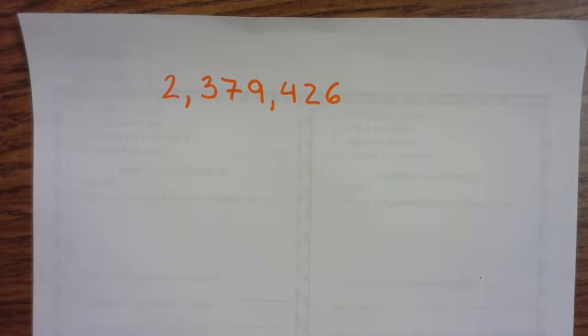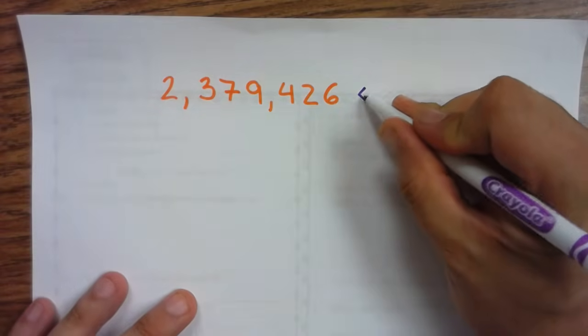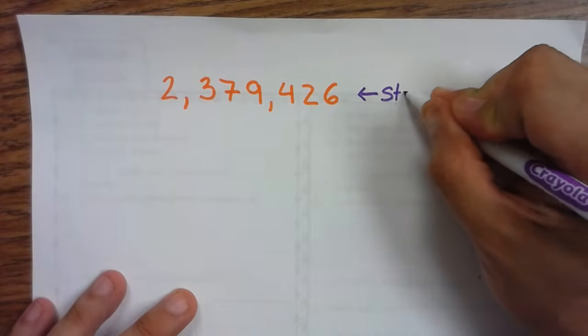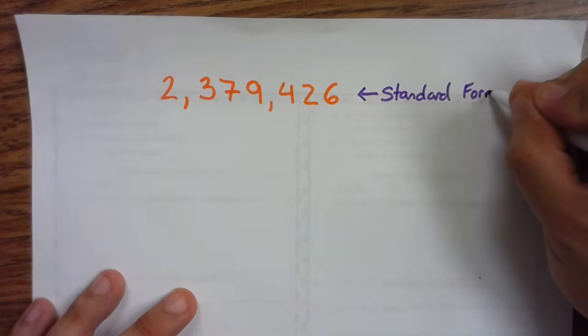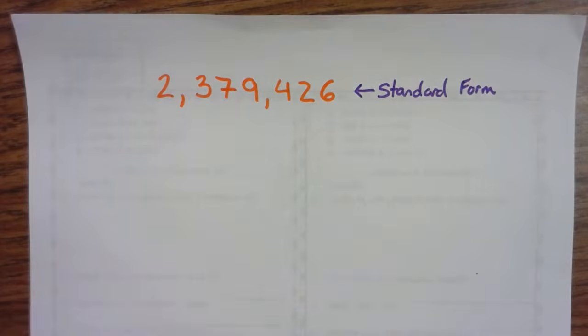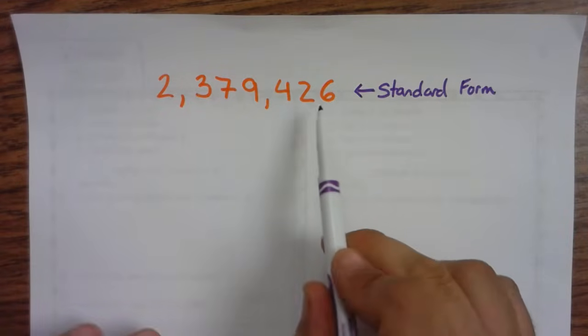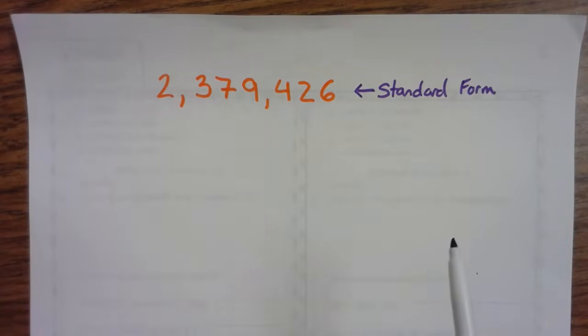So what form have I written this in right now? If you're not sure, pause the video for a moment, or you can rewind, look back. I'll give you a moment to think. This is standard form.